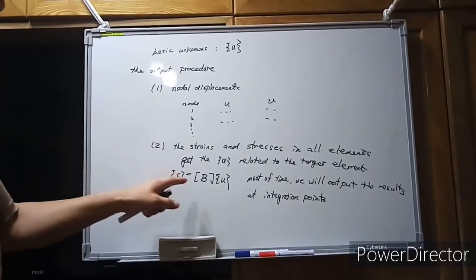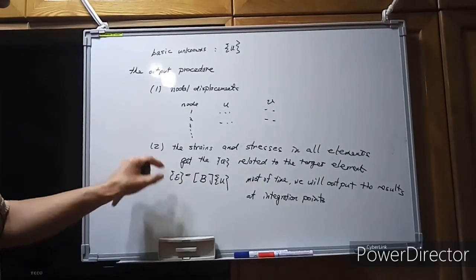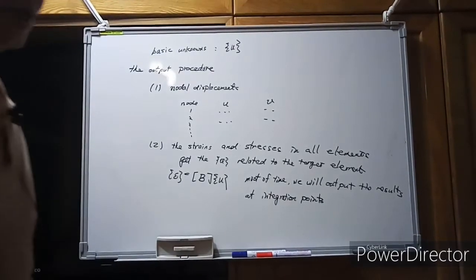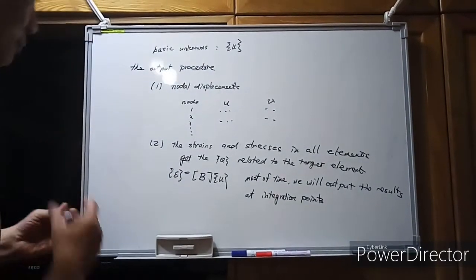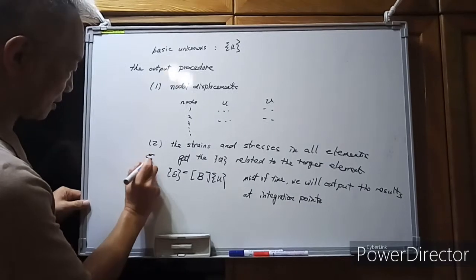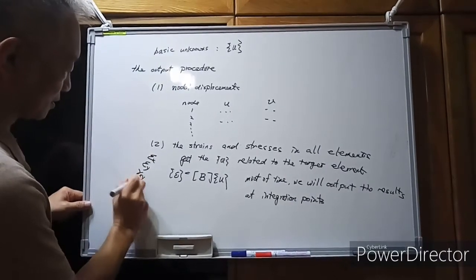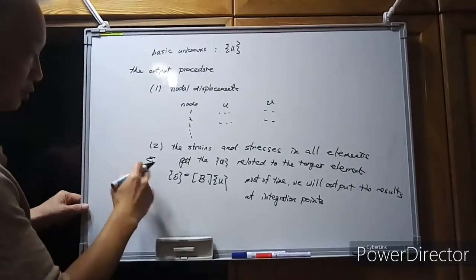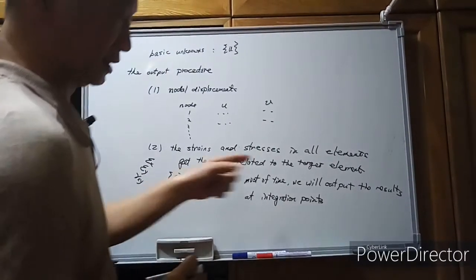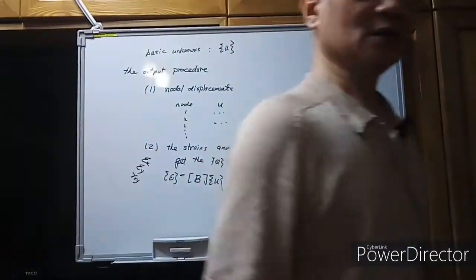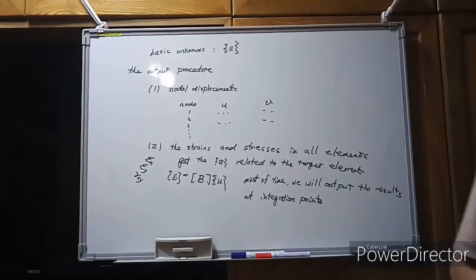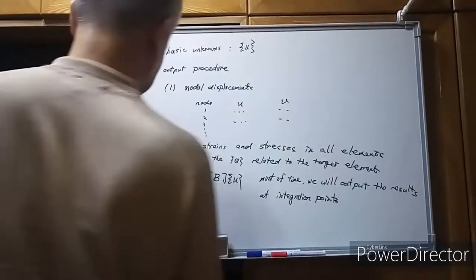Okay, and when we calculate the strain energy, we use the 3 strains, epsilon x, epsilon y, and gamma xy. But sometimes when we output the strains at the integration point, we will also output epsilon z.